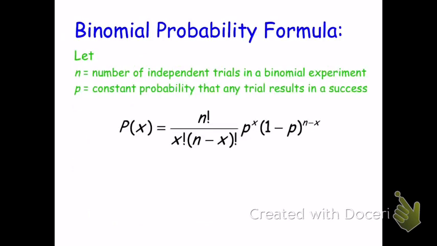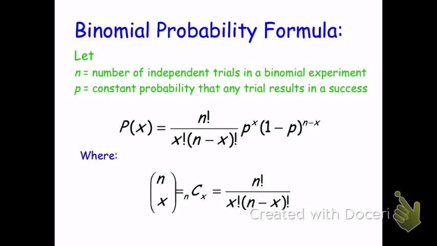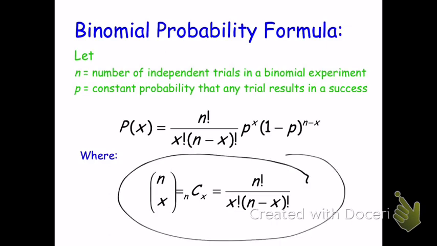Okay, here is the formula for binomial. You do not have to have this memorized. It is on your formula chart, but I'm going to show you a way in the calculator to do it. The only thing you would need this for is knowing what n and x represent, because sometimes on a multiple choice question on an AP test, it gives you four answer choices in this format and asks which one is right.